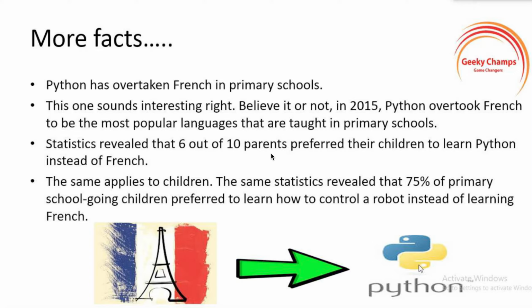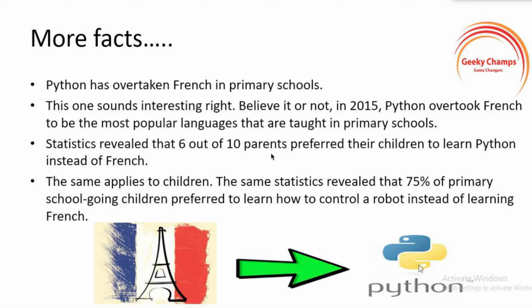So generally what happens in schools is that children have the option to select some language other than English, Hindi, Marathi, whatever languages they learn. French is one of the languages which was opted for so far.